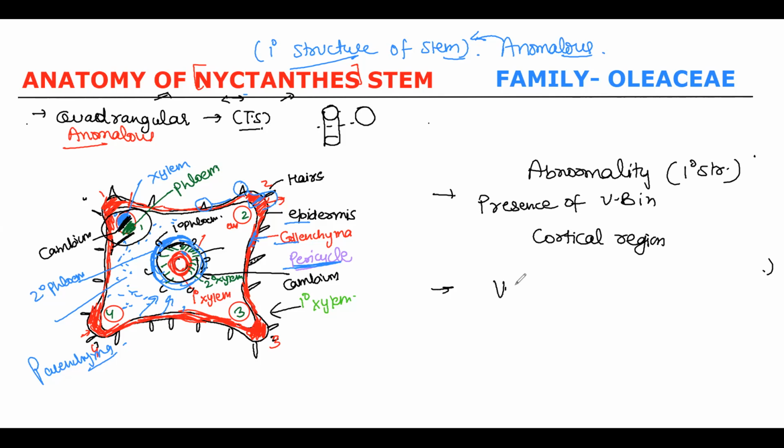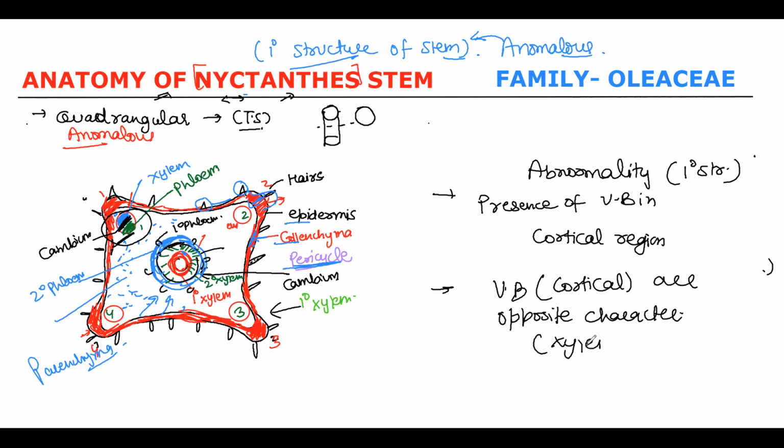Second thing, the vascular bundles which are present in cortical regions are, we can say, converse, or opposite in their character, having xylem towards outside. So these are some points of identification of the abnormality in the Nyctanthes stem. So this is all about the anatomy of Nyctanthes stem.